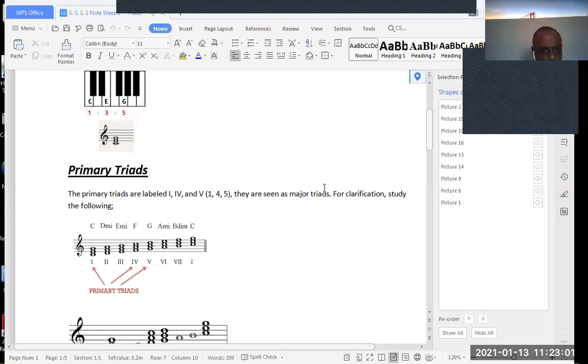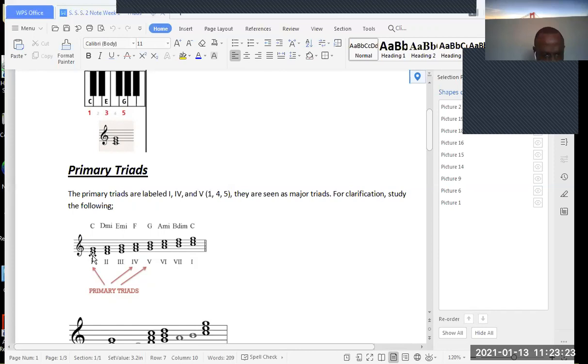For clarification, study the following. Now look at this. These are a set of triads. Triads on the first degree of a particular scale, the scale of C to be precise. The first degree, second degree, third degree, fourth, fifth, sixth, seventh, and the last note, that is the eighth note. I hope it is clear.